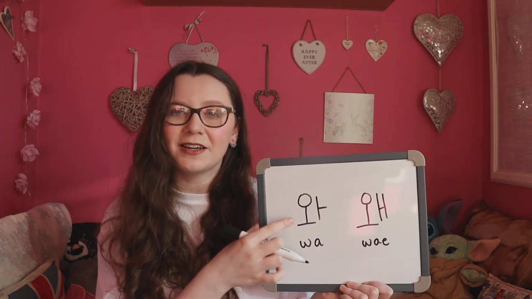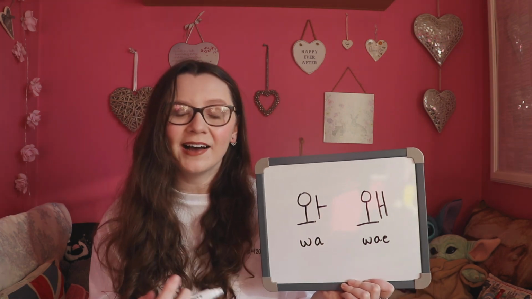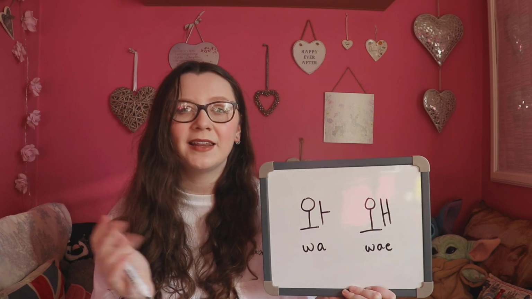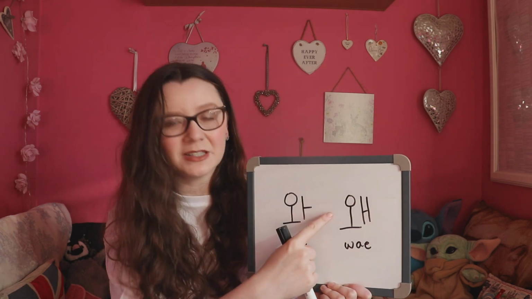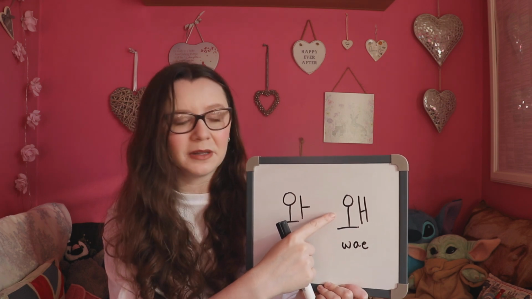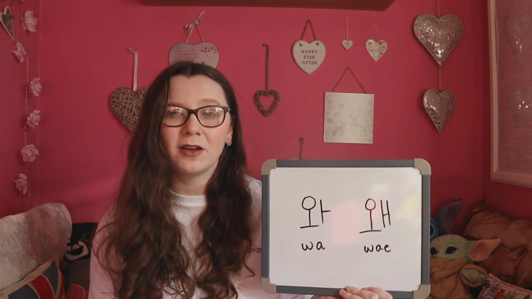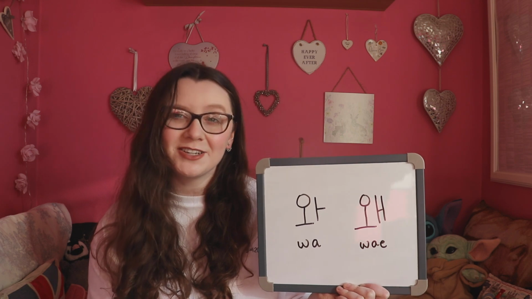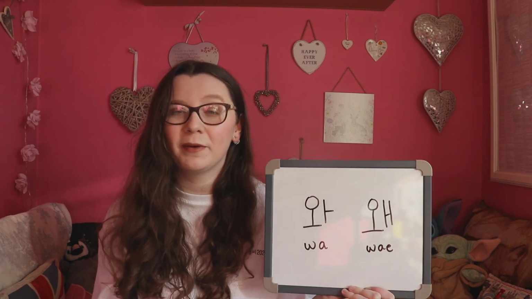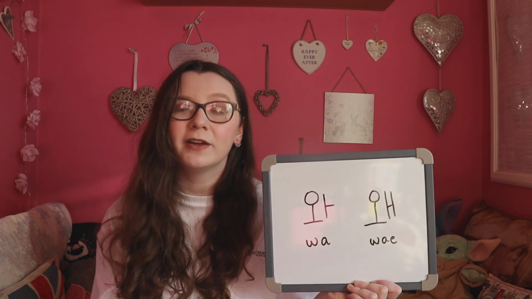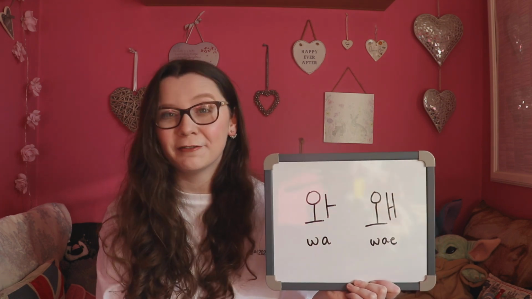This bottom one is an O and this one next to it is an A. So when you say oa quickly together, it kind of makes this wa sound. Same with this one, there's an O sound on the bottom with the A sound next to it, oe. And when you say them together, it kind of makes this way sound, which also, by the way, congratulations, you just learnt a word, because way is the Korean for why.